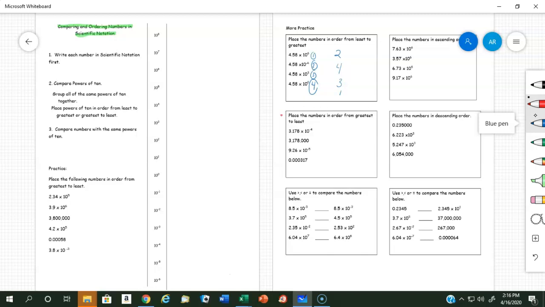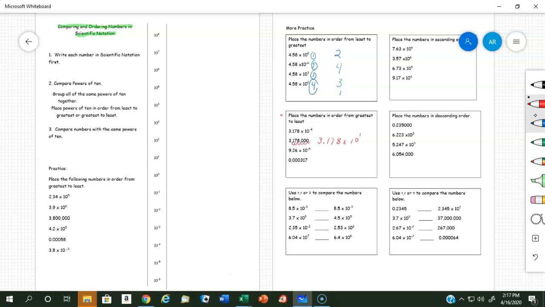I'm noticing that I do have some different values, and I do have some things I need to convert. So the first thing I do is convert everything to scientific notation. So this is going to be 3.178 times 10 to the, let's see, 1, 2, 3, 4, 5, 6.